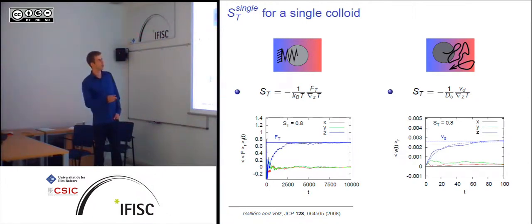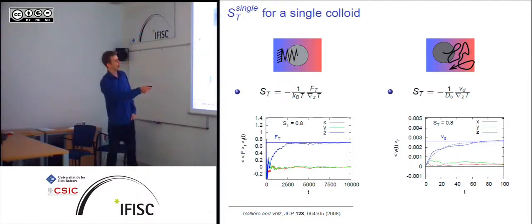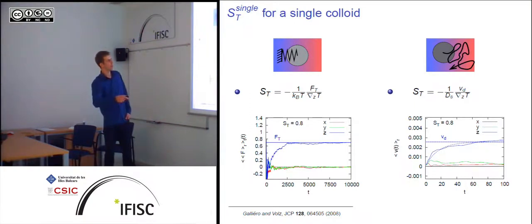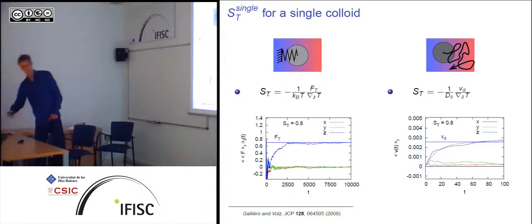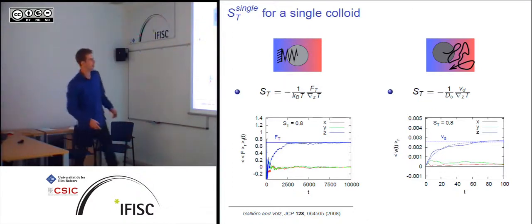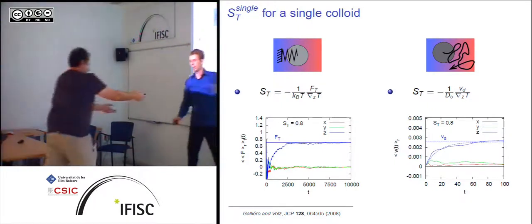And there we measure the effective drift velocity. So after a certain time the colloid has diffused and then drifted to a certain extent. And then the Soret coefficient, you can say that it's proportional to the drift velocity.